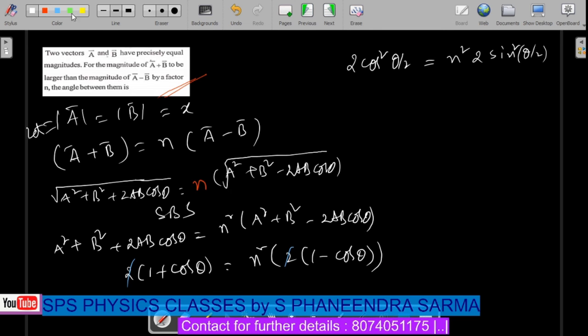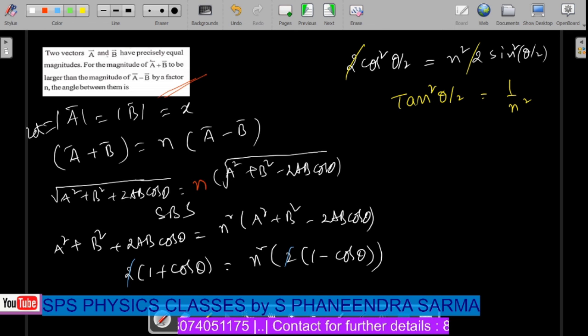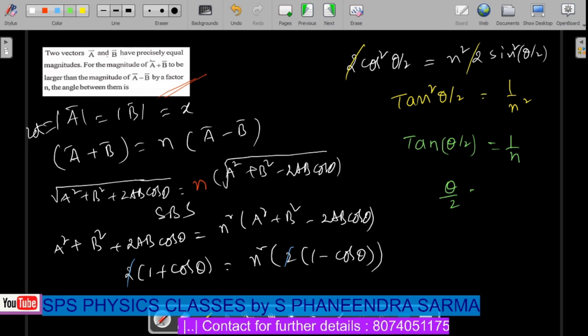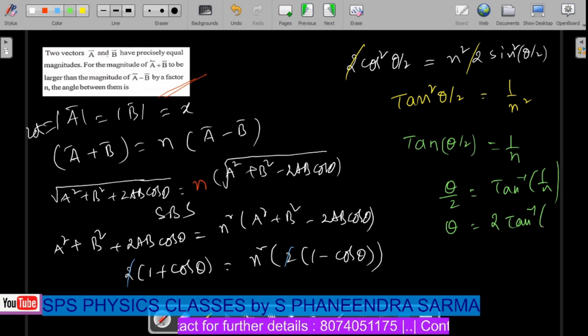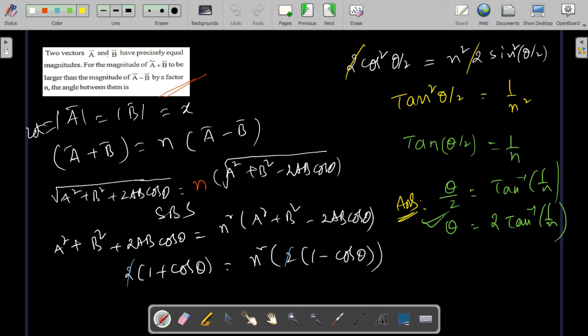Now again, upon cancelling 2 and 2 on both sides, upon cross multiplication, tan square theta by 2 is equal to 1 by n square. Solving this particular case, tan theta by 2 is equal to 1 by n, or theta by 2 is equal to tan inverse of 1 by n. We need the value of theta. Theta is equal to 2 into tan inverse of 1 by n. Final target answer.